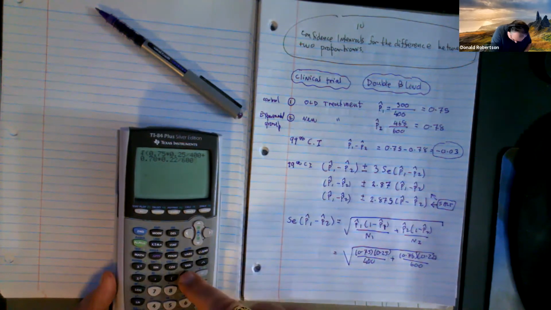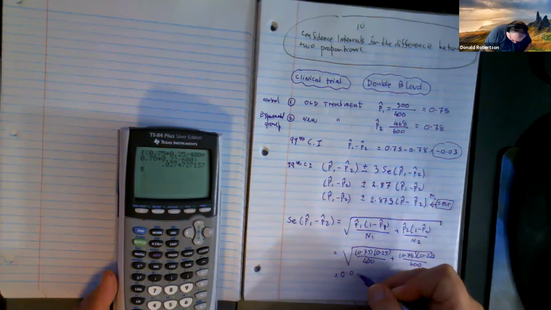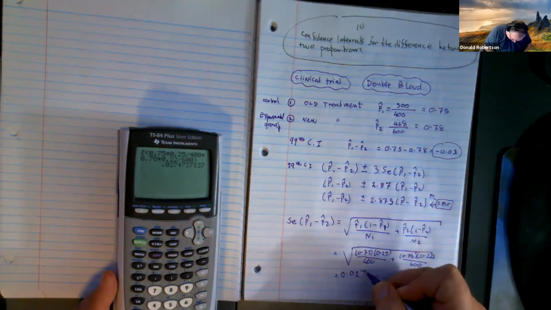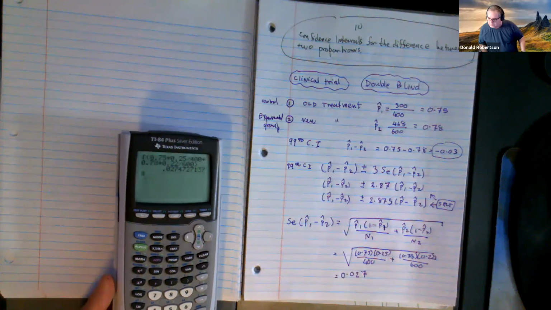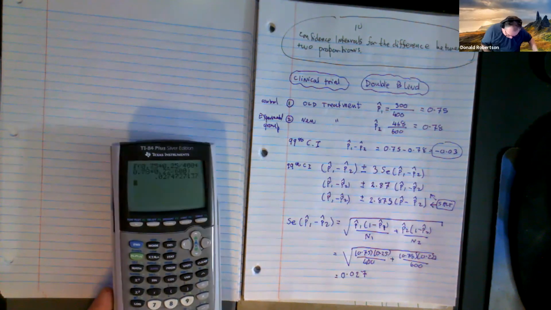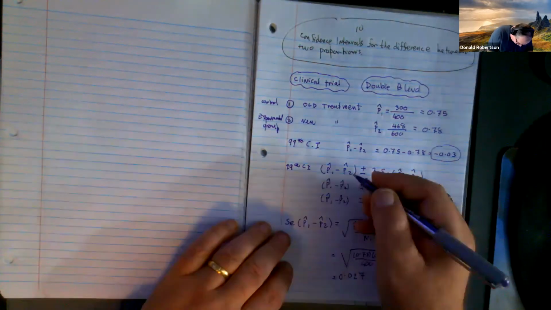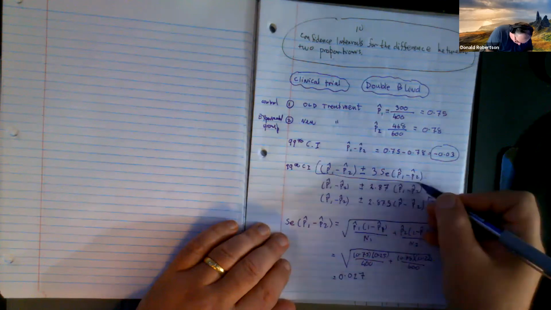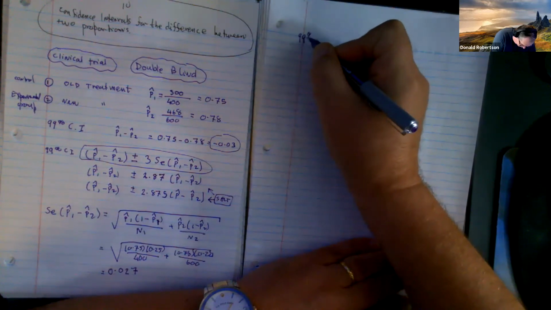And the answer I get is 0.027. Let's say we do things to 3 decimal places. So far, so good. Right. Now, what we're going to do is put that package together. And since you decided to use that one, I'll put a little bubble around it so I remember which one I'm doing. And here is our 99% confidence interval.